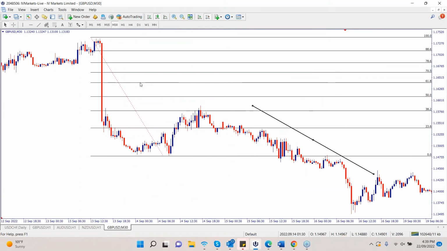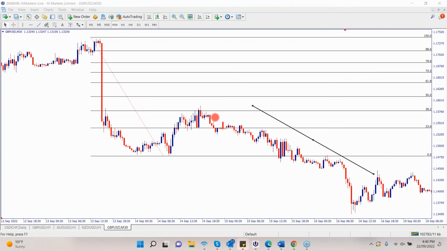Look what the market did. The market provided us two bearish candles below this 38% Fibonacci level, below this golden Fibonacci level. So when the market is closing two candles below or above, it depends on the market direction. Over here we have the bearish direction.